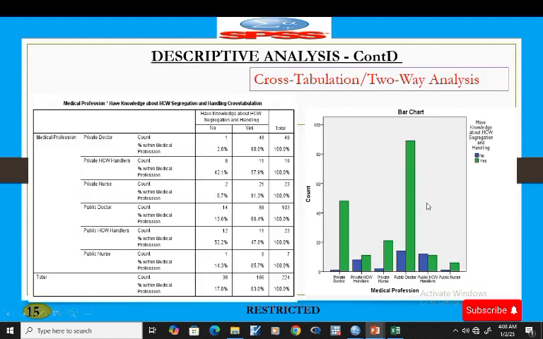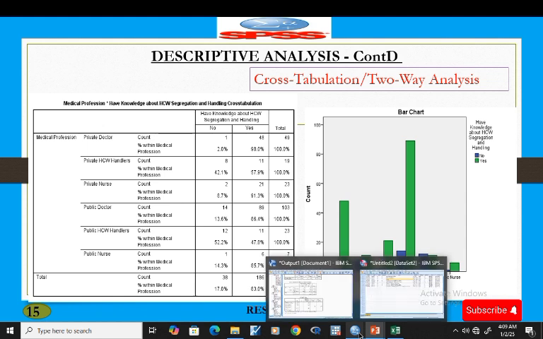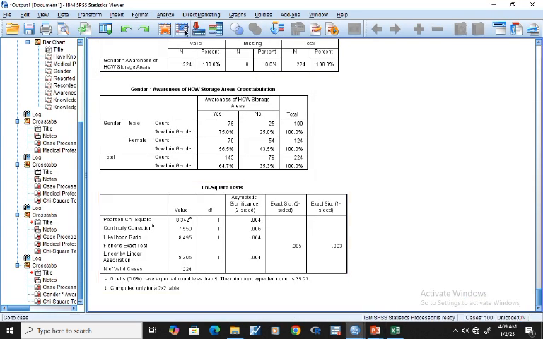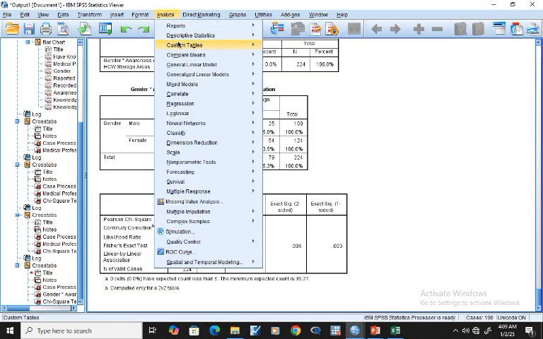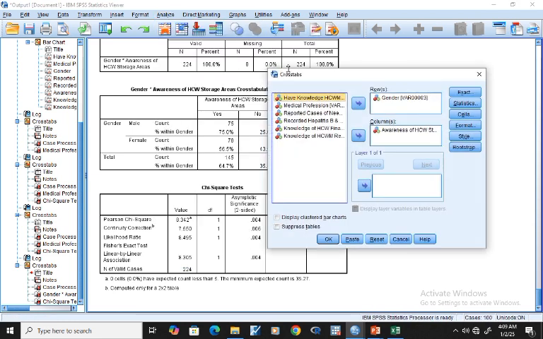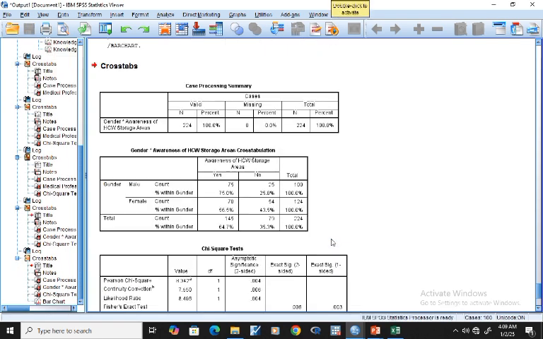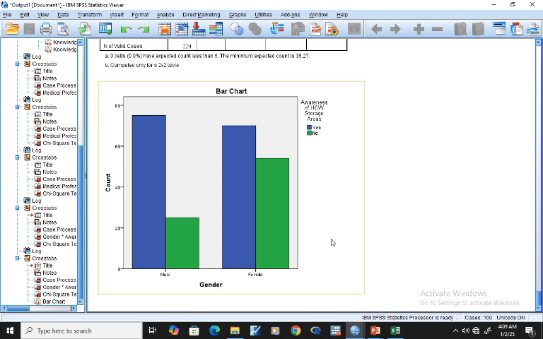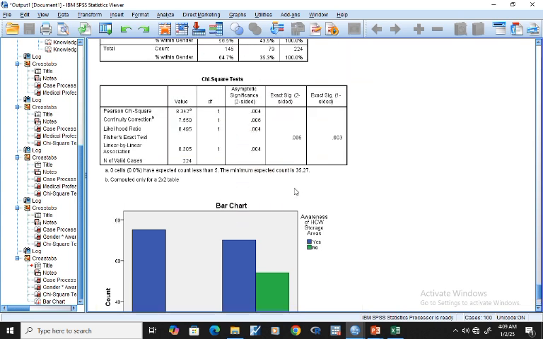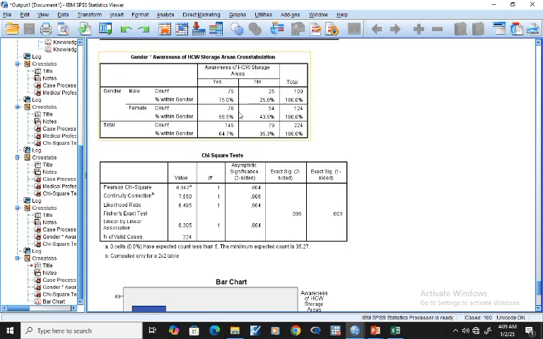Another thing is that you can as well create a clustered bar chart for the cross tabulation test, where you can display the results. This can as well be created in Excel for you to just copy and paste.